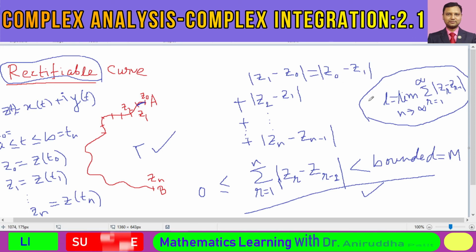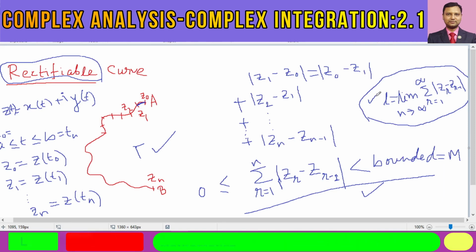And if this is finite, then only the curve is rectifiable. That's why I told you earlier that if a curve has a finite length, then that curve is called a rectifiable curve.